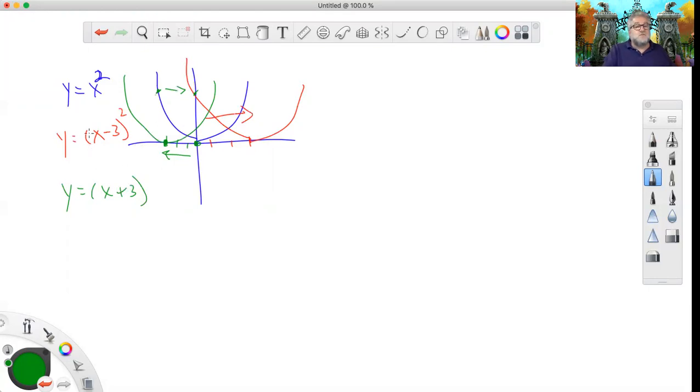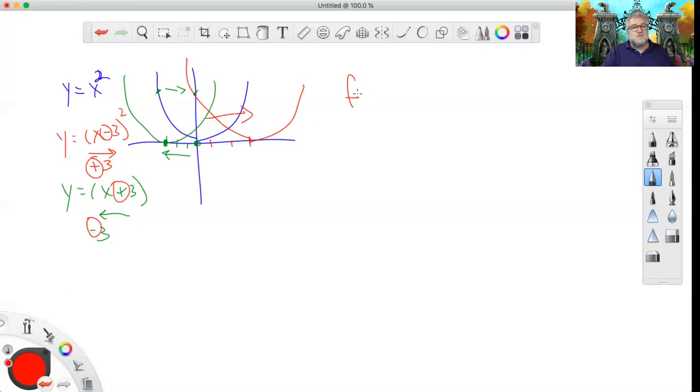And the thing that's confusing about these is what direction they shift. This one was a shift of negative 3, and this one was a shift of positive 3. Look at that, it's opposite from the sign, and that's always going to be true.